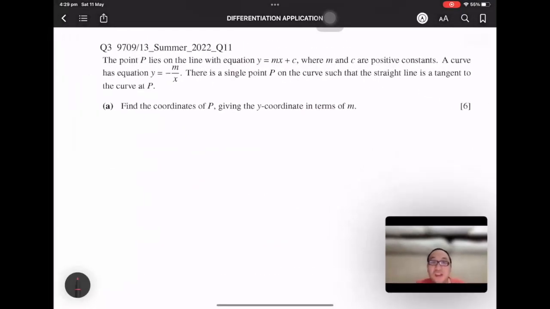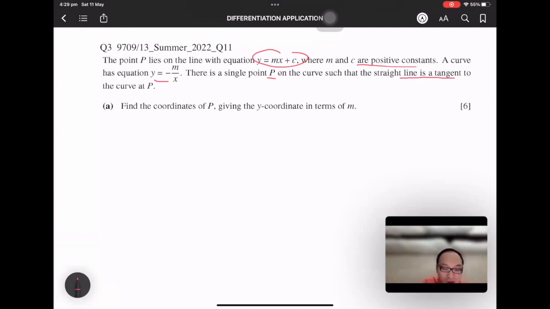Number 3, the point P lies on the line with equation y equals mx plus c, where m and c are positive constants. A curve has an equation with f a positive constant, yeah. There is a single point P on the curve where the straight line is a tangent. So this line is a tangent to this curve.